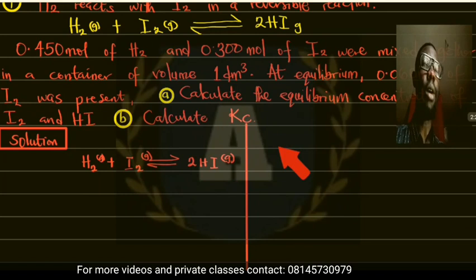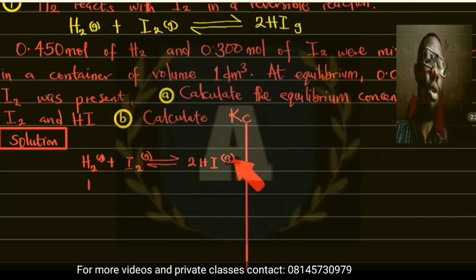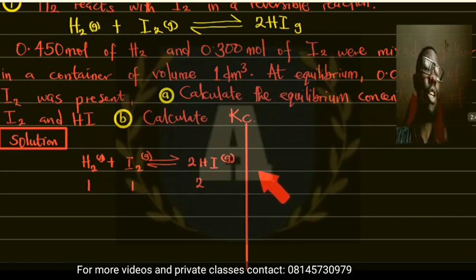Now, very essential, we need to write out the mole ratios. It is observed that 1 mole of hydrogen reacted with 1 mole of iodine to give 2 moles of hydrogen iodide in a balanced chemical equation.